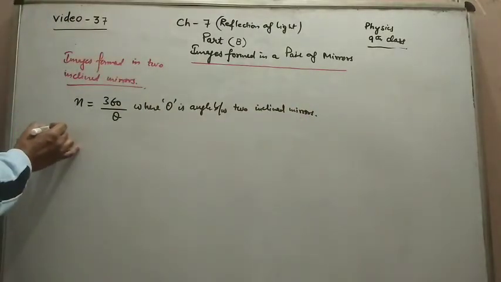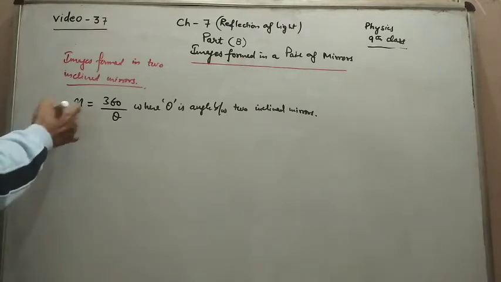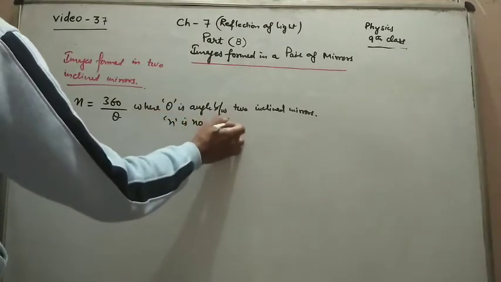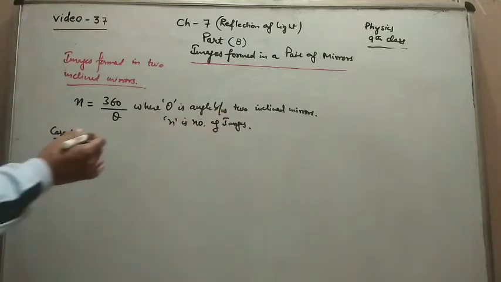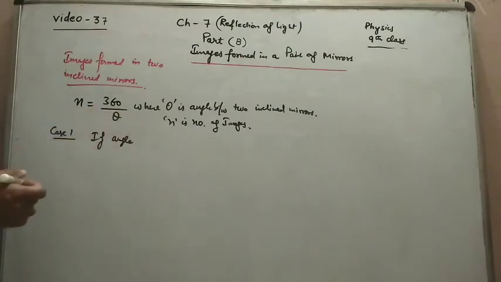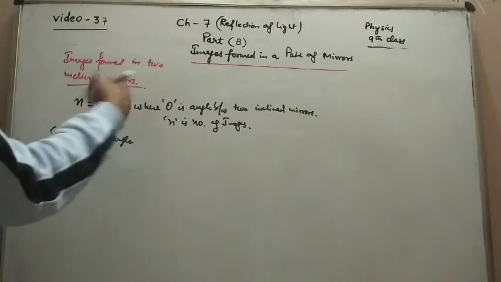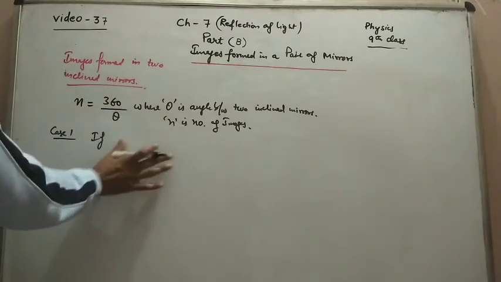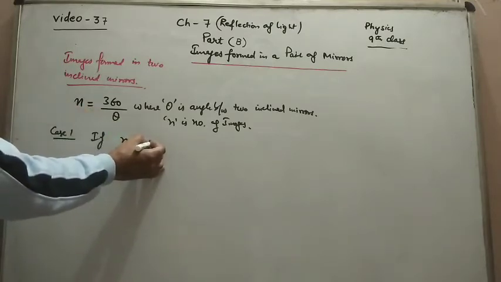So case number 1, where n is the number of images. First, if the angle theta between two mirrors is such that after solving, n is odd.